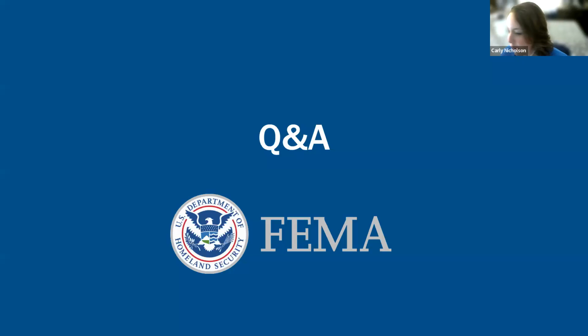All righty, it looks like we've got one for Morgan here. So Morgan, we're going to put you on the spot. If my $1 million application from last year was selected for further review but has not been awarded, can I apply for the $50,000 technical assistance, not knowing if my application will be approved or awarded this year?